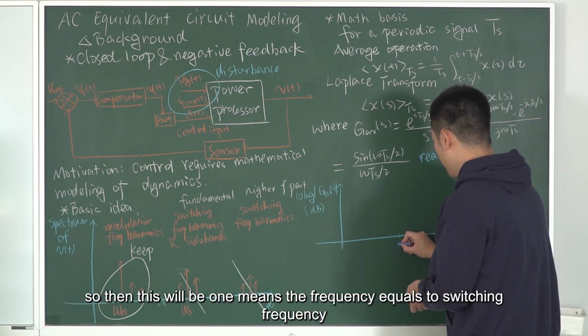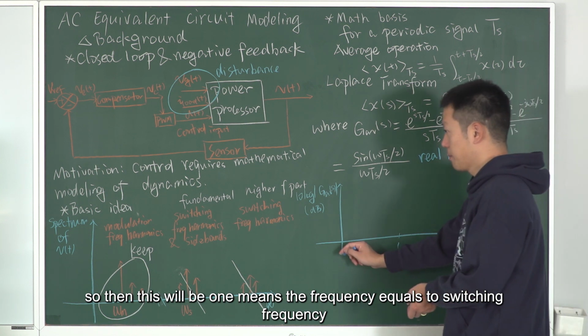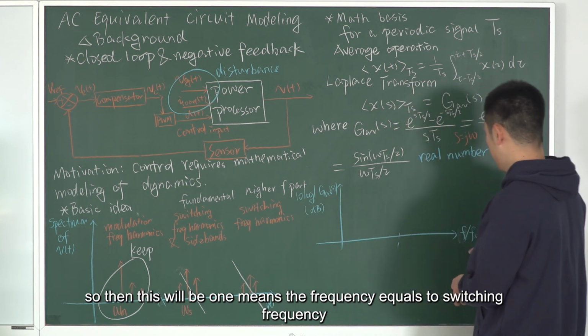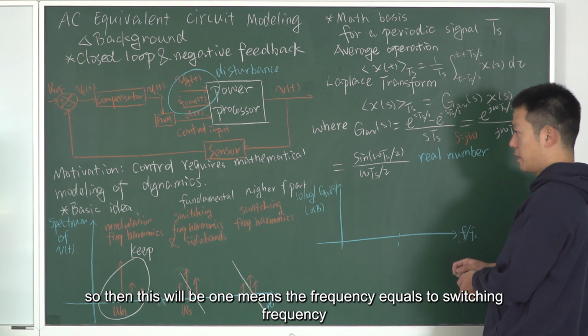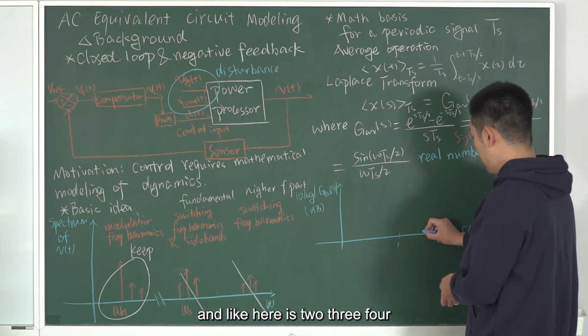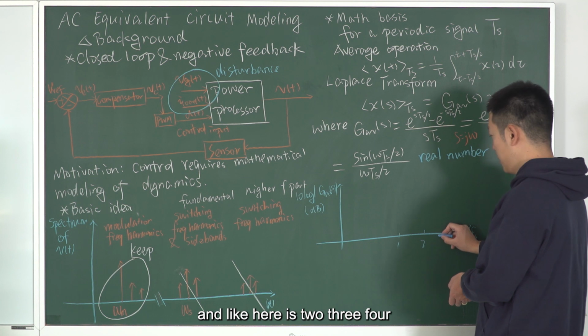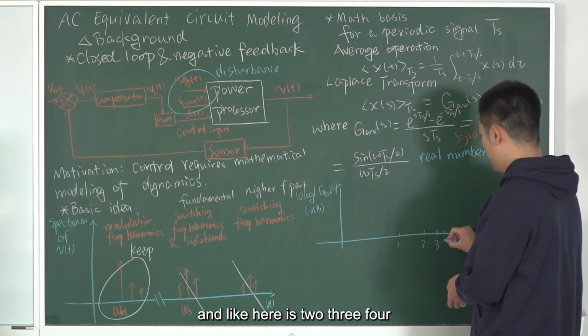So 1 means the frequency equals the switching frequency, and here it's 2, 3, 4.